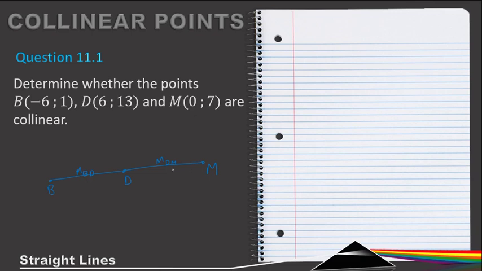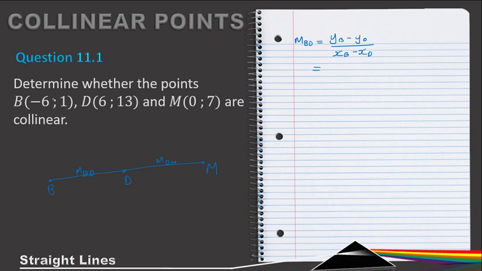And then if these two gradients are equal, then we know that these 3 points are collinear. So let's start with the first gradient. We've got the gradient of BD, and that is the change of y, yB minus yD, over xB minus xD. So let's just substitute that in.